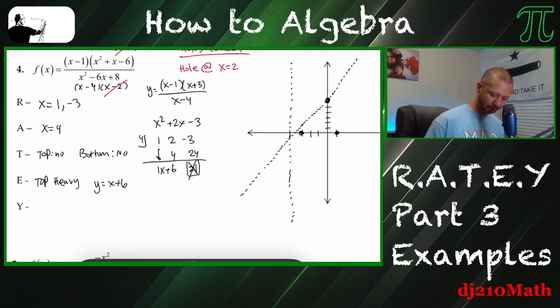And the y-intercept is when x is equal to 0. So negative 1 times negative 6 over 8, which is positive 3/4, right? 6 over 8, 3 over 4.